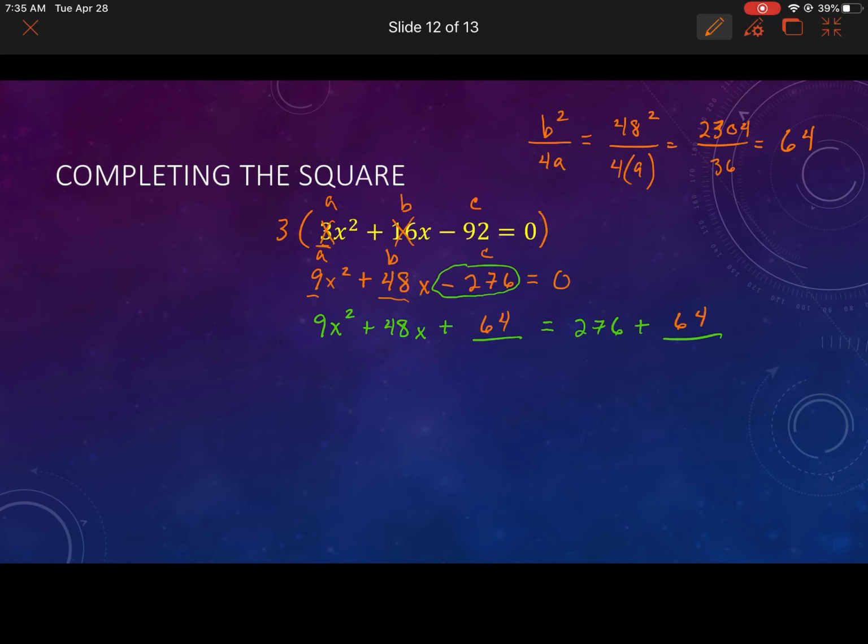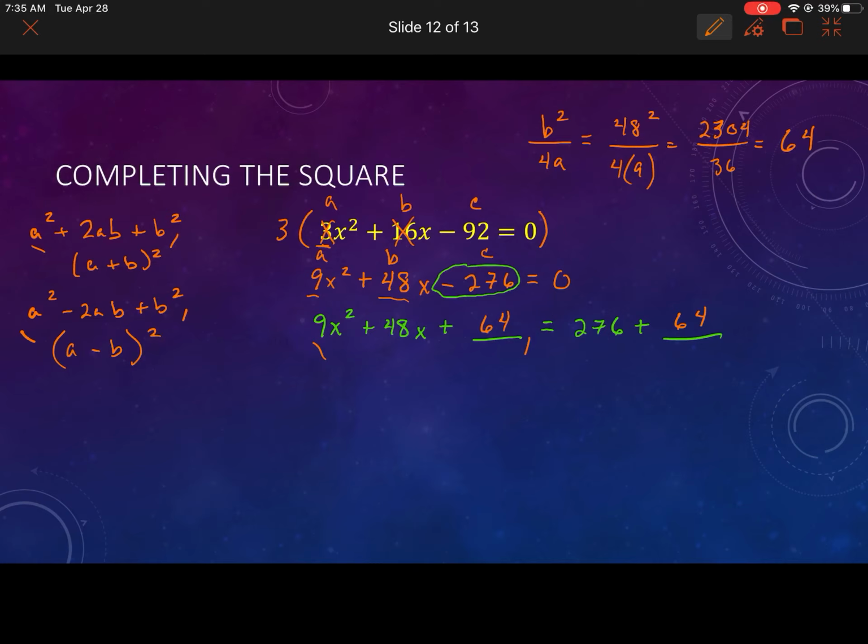All right, so we now have our perfect square trinomial. So this is going to factor down. If you remember the pattern, I'll write it down one more time. It's a squared plus 2ab plus b squared, or it could possibly be minus 2ab plus b squared. But either one of those, this one would factor down to a plus b squared. This one would factor down to a minus b squared.